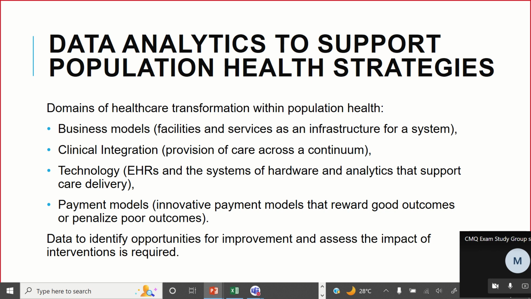A nursing home for geriatrics could be one. So the idea is that you're making facilities and services become the basic infrastructure for creating a bigger system. Think of an organization, for example, that has the whole continuum of patient care in one setting.